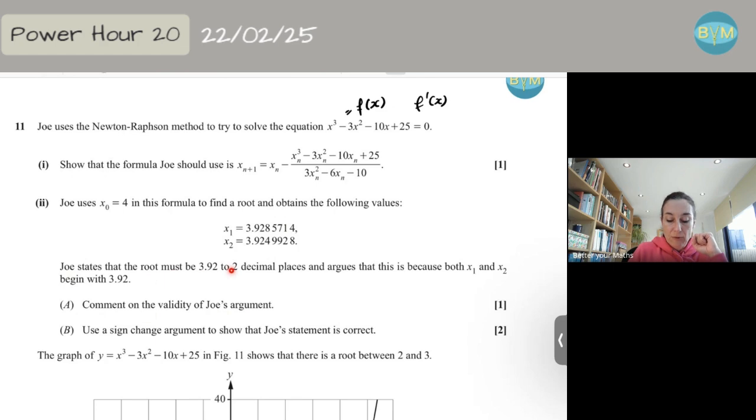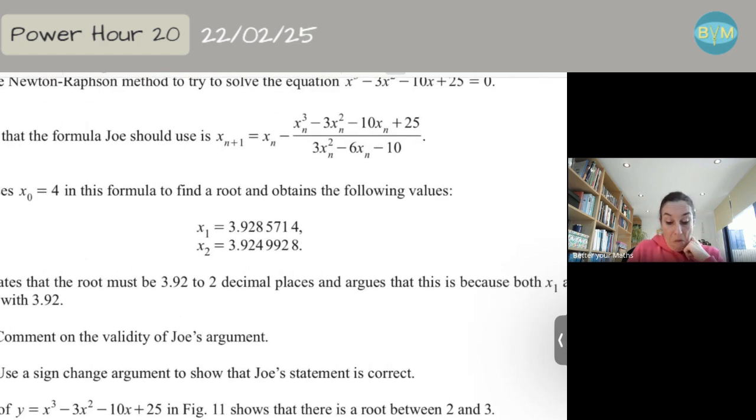So the root must be 3.92 to 2 decimal places. And look here, if I round to 2 decimal places, this one would be 9.3, this one will be 9.2, but the next one could be 9.3 again, maybe. Sometimes we are oscillating, and it's not going to be for sure 3.92.